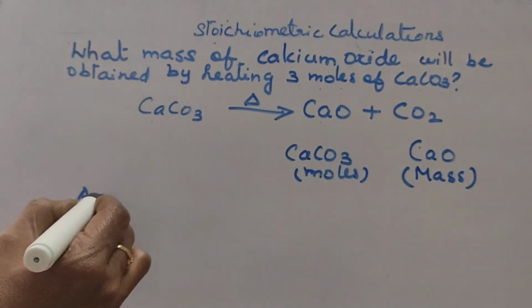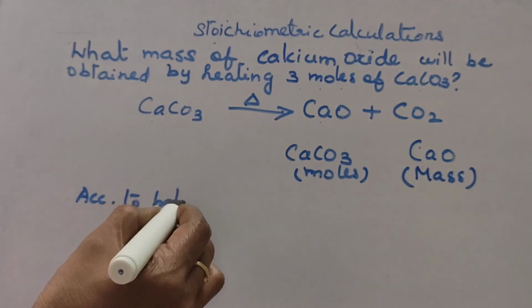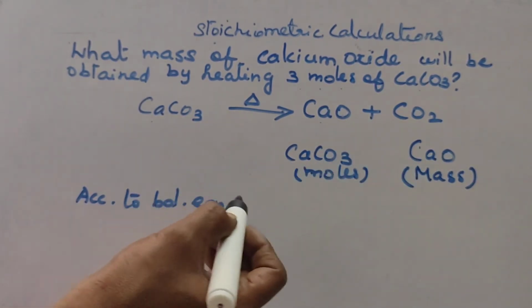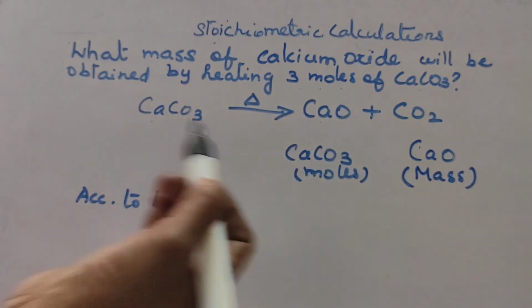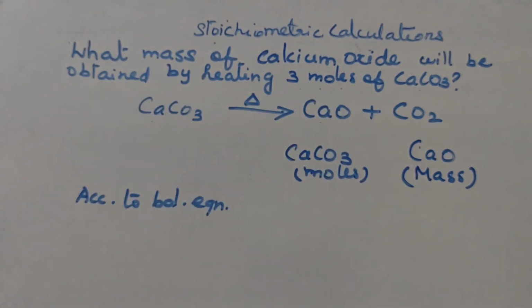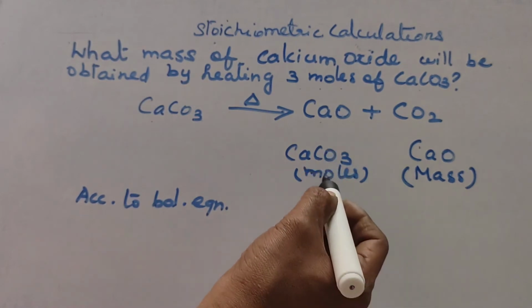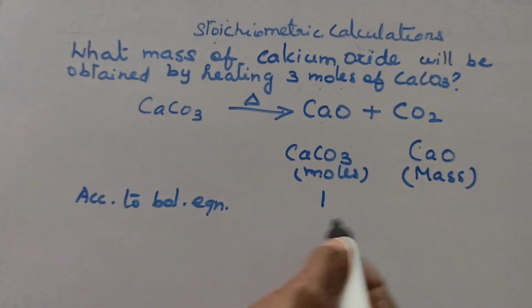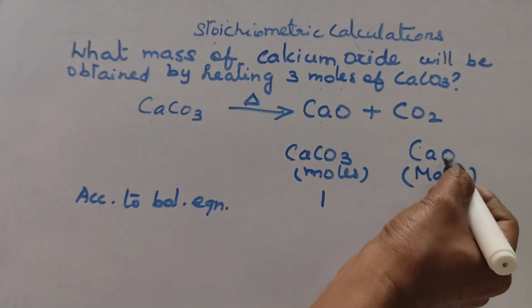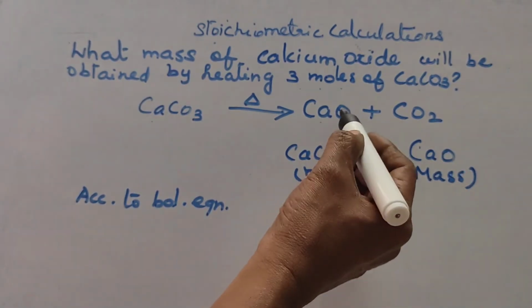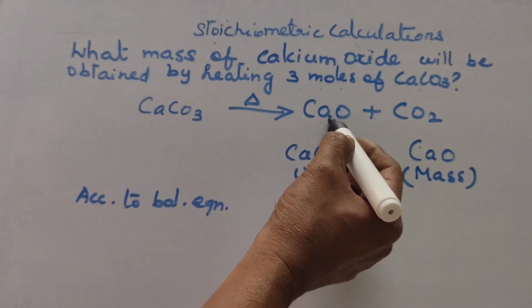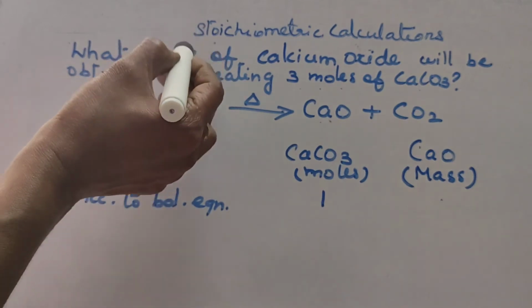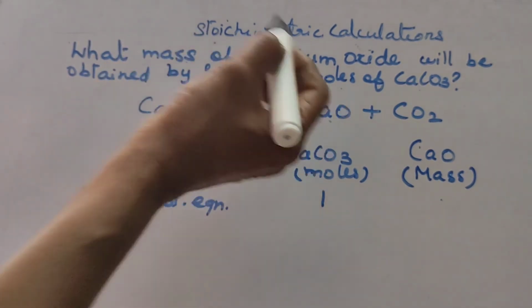According to the balanced equation, the same relationship we are going to use in the balanced chemical equation also. So, here CaCO3 in moles. So, 1 mole of CaCO3 produces how many grams of calcium oxide? Here we have to take calcium oxide in mass, because in the question the relationship is mass-mole relationship.